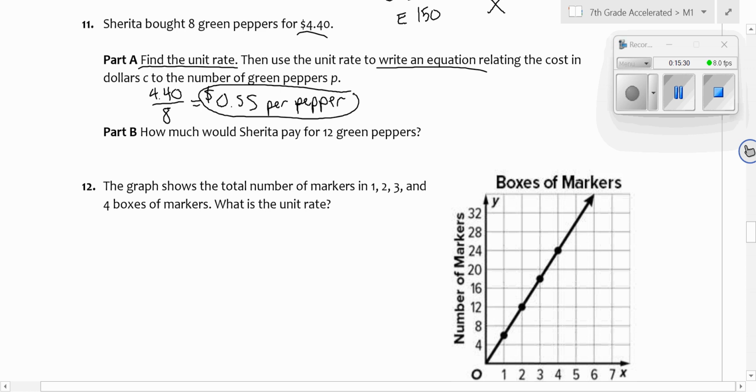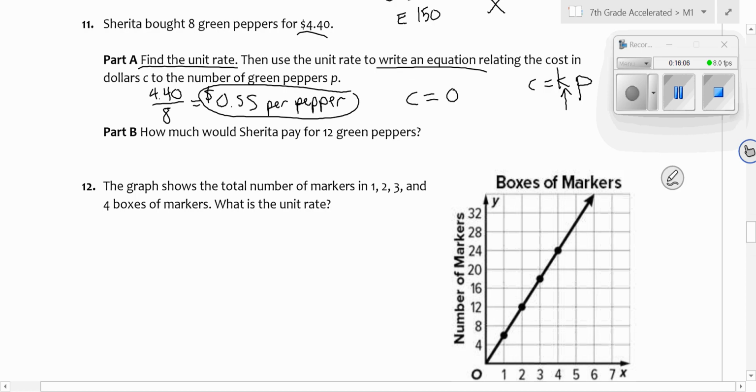Okay, and then we want to write our equation relating the cost C to the number of peppers P, and we know how to set up an equation because we know it's going to be y equals kx, where k is my unit rate or constant of proportionality. But they said to use C and P instead. So I put C here and P here because the cost always equals 55 cents times the number of peppers.